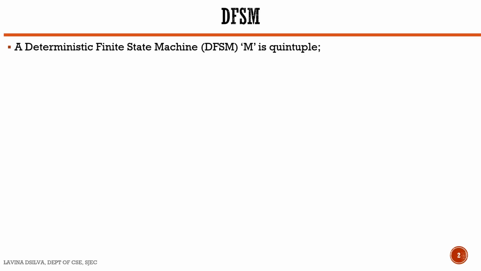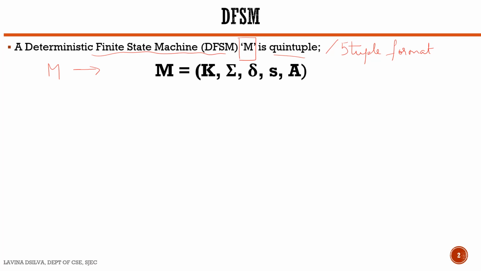We know that a DFSM can be represented in a quintuple format, or a 5-tuple format. This DFSM is represented by the alphabet M, where M stands for machine, and M follows a 5-tuple representation given as K, sigma, delta, S and A, where K is a finite set of states of the DFSM.